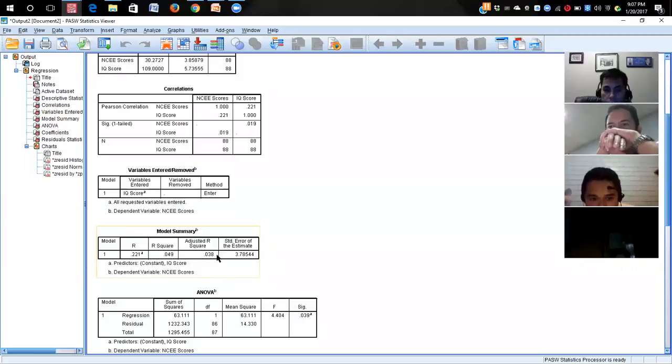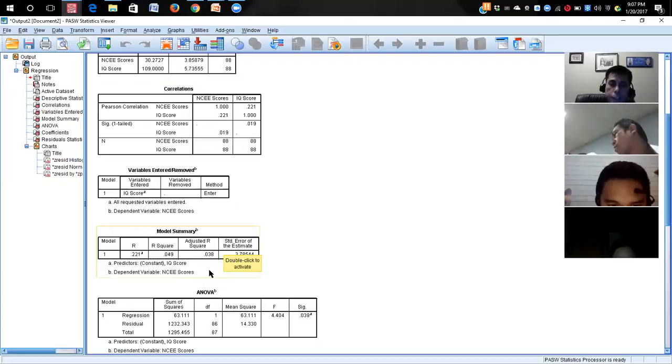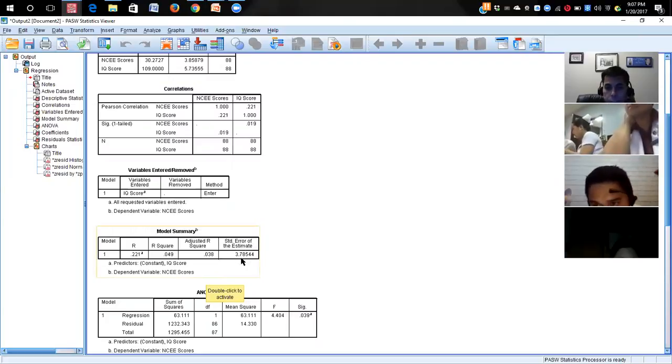The adjusted R squared is 3.8%, and this is very dependent on the size of your sample. We have 88, so that's why they are very closely related. 4.9, and we have an adjusted R square of 3.8%, accounting for the shared variance between the independent and the dependent variable. And our standard error of estimate is 3.78.